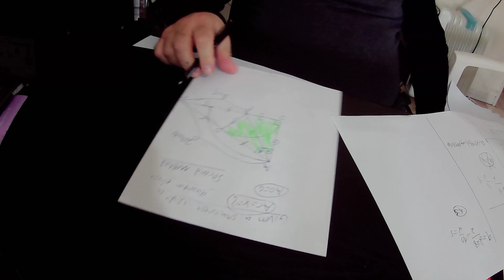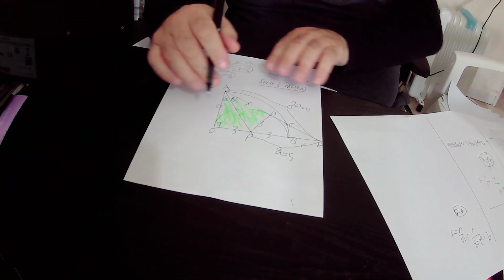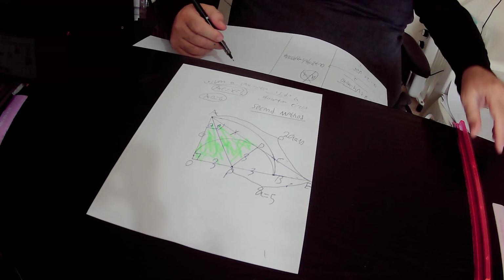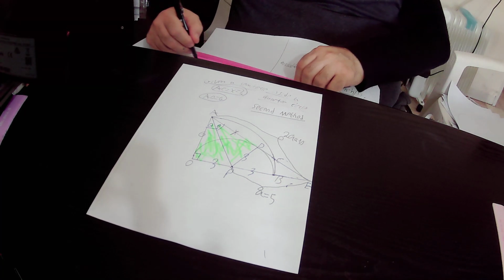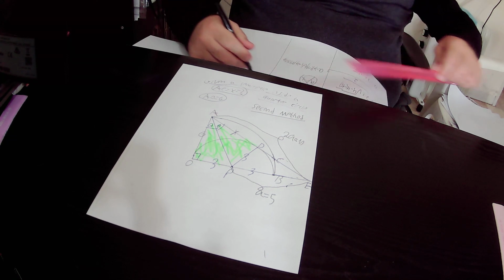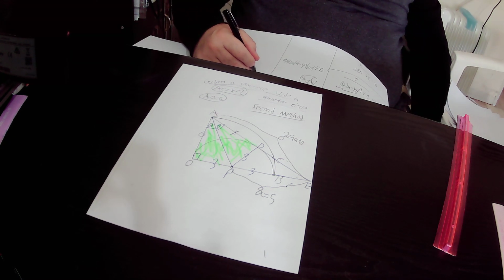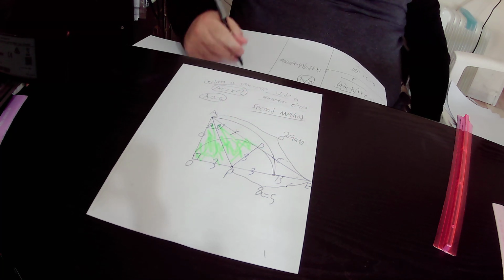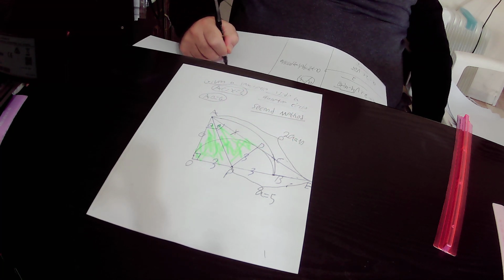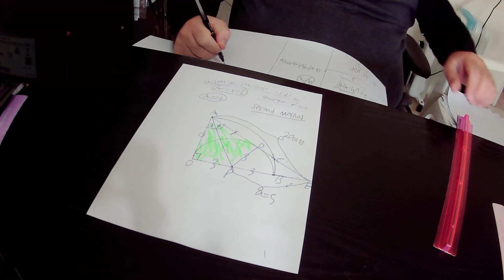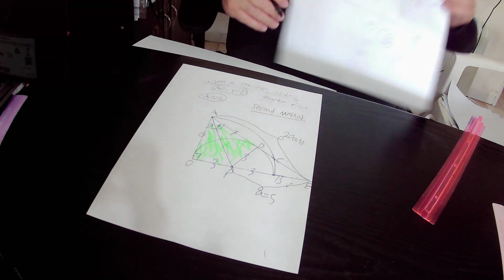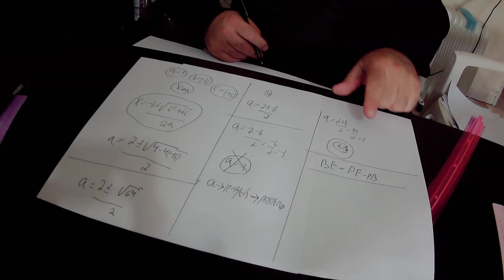In the next step we will find out the length of line segment BE. Here from the drawing it is very easy to see that the length of line segment BE is equal to PE minus PB. BE equals PE minus PB.